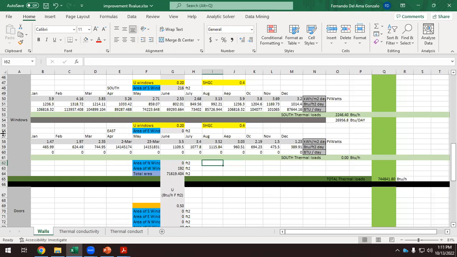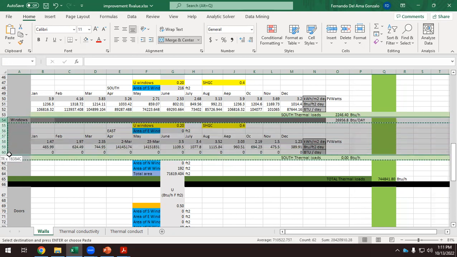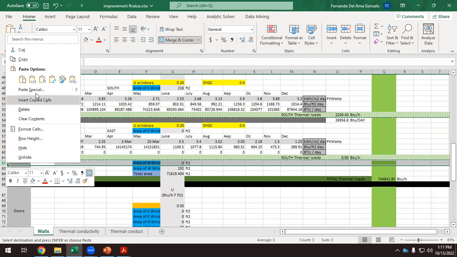Okay, I'm going to do it again. I'm going to select everything here. Ctrl C. Well, I want this row too. Ctrl C, insert.